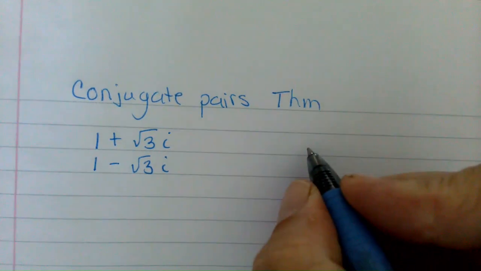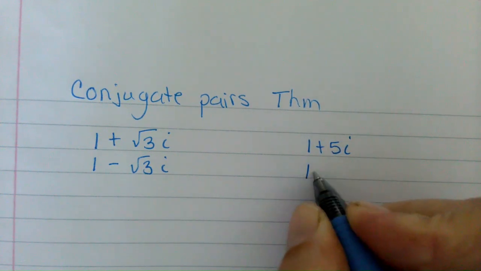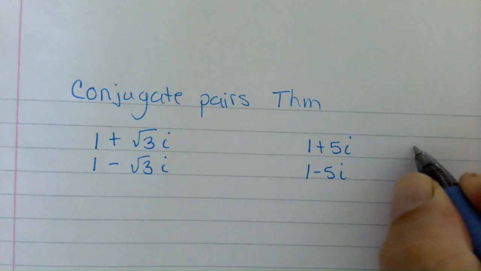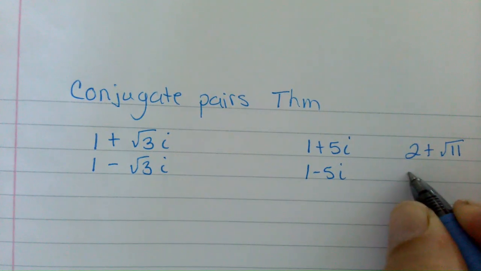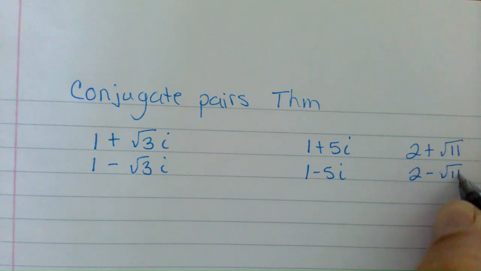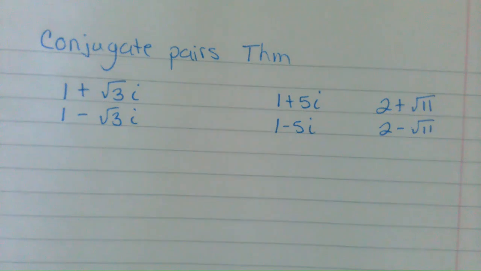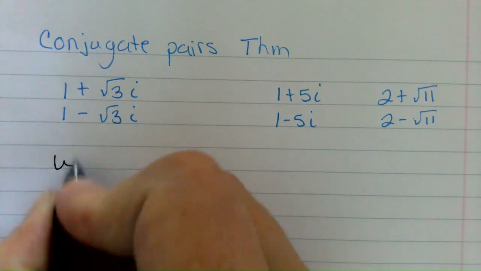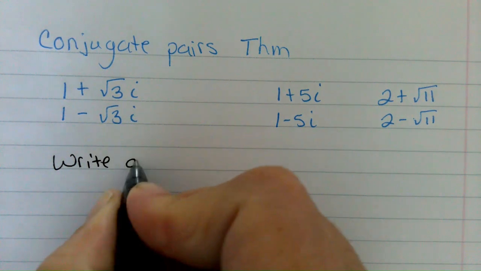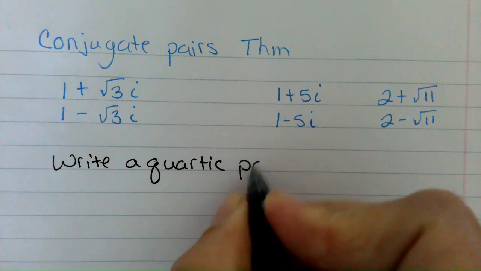If you have 1 plus 5i, you'll have 1 minus 5i. If you have 2 plus the square root of 11, you'll have 2 minus the square root of 11. You won't have one without the other. So you might come across a problem that says, write a quartic or 4th degree polynomial.